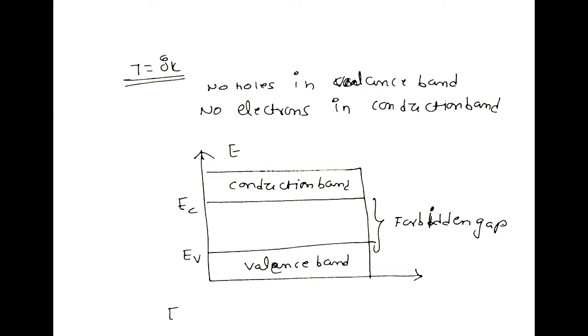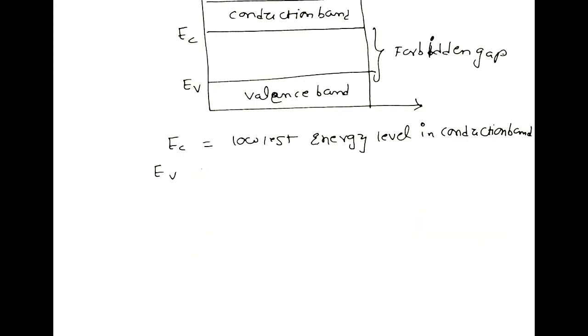Here EC is the lowest energy level in the conduction band. EV is the highest energy level in the valence band. So this is the highest energy level in the valence band. This is the lowest energy level of the conduction band.